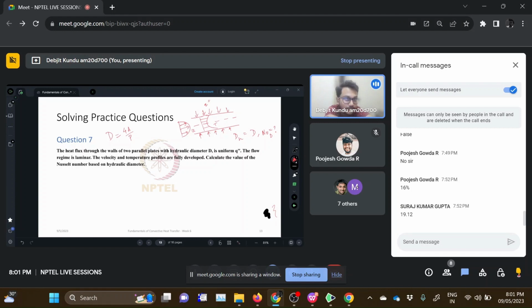So it's a simple question. You can go back to your notes and try to find it out. Nusselt number in all cases is actually derived based on hydraulic diameter itself. So if it's a circular tube, then the diameter and the hydraulic diameter is the same thing.